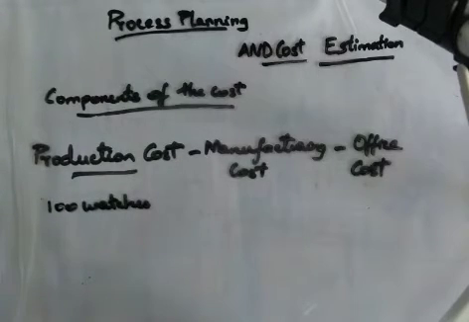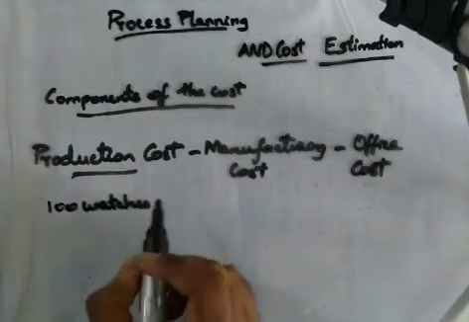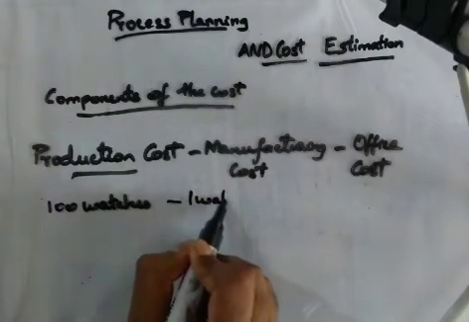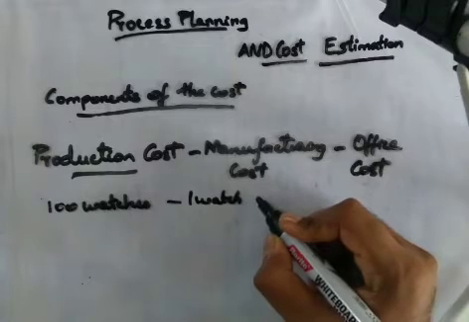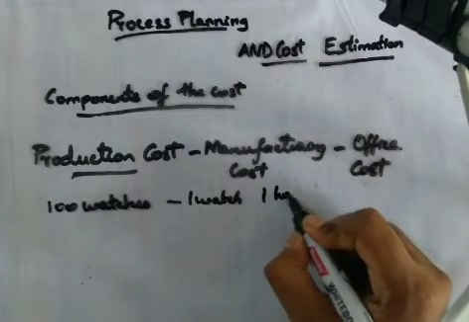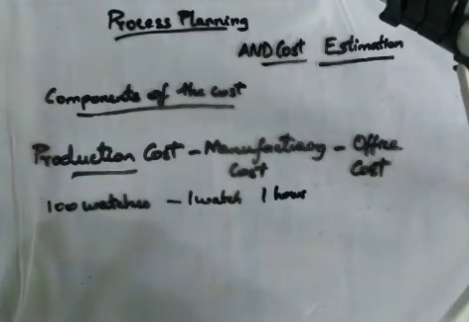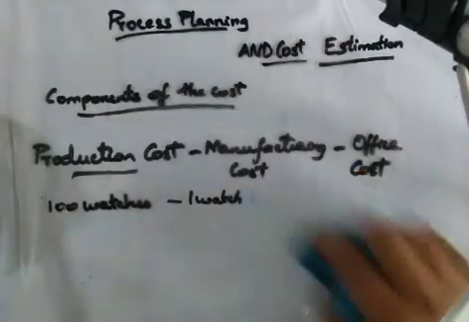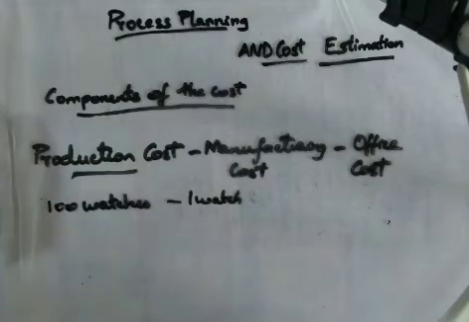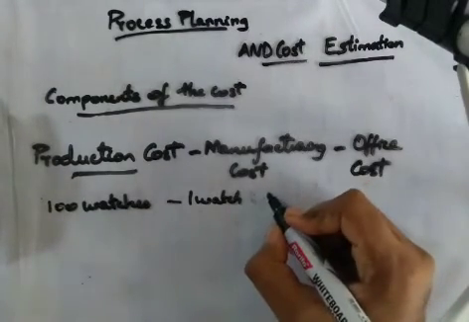Okay, Titan company is going to manufacture 100 watches. The time taken for one watch will not be 1 hour, it will be some 5 to 10 minutes. If it's taking 1 hour, then the company will be shut down.